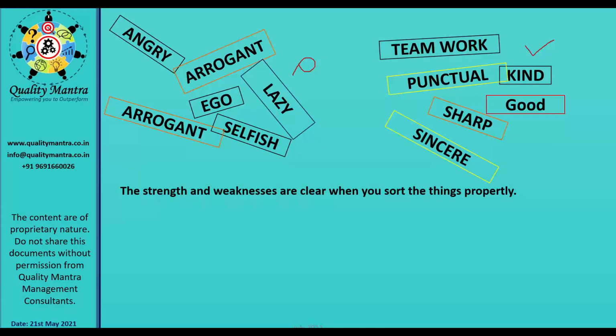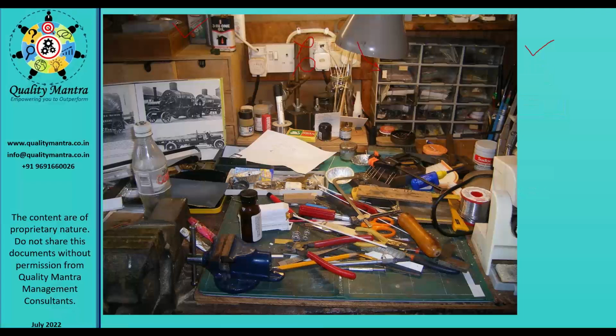So that is the importance of sorting the unnecessary things. The weaknesses in oneself are the unnecessary things. So we have to remove them, and you have to focus on the strengths. Similarly, on that table, on that workstation, what we have seen is a lot of weaknesses, meaning unnecessary things are there.